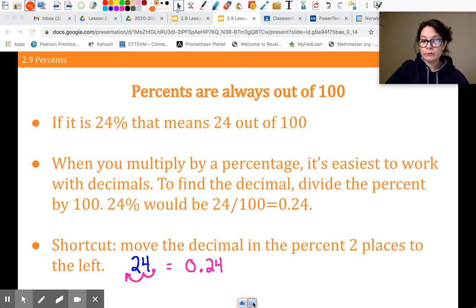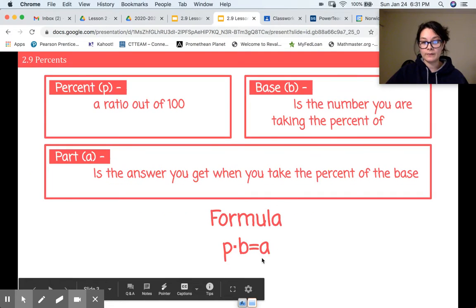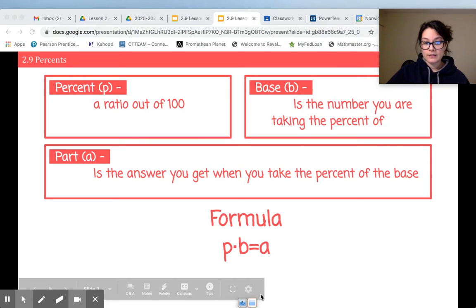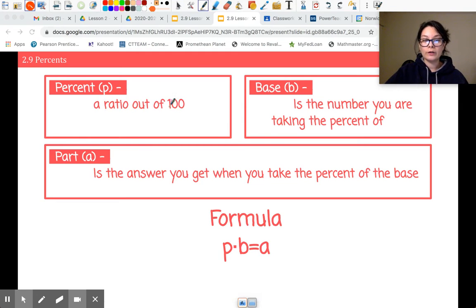Now, there's a couple different ways to solve percent problems. There's a proportion method and there's an equation method. In this particular lesson, I'm just going to use the equation method. Different textbooks will use different variables when they're showing you the different formulas, whether it's a proportion or an equation.